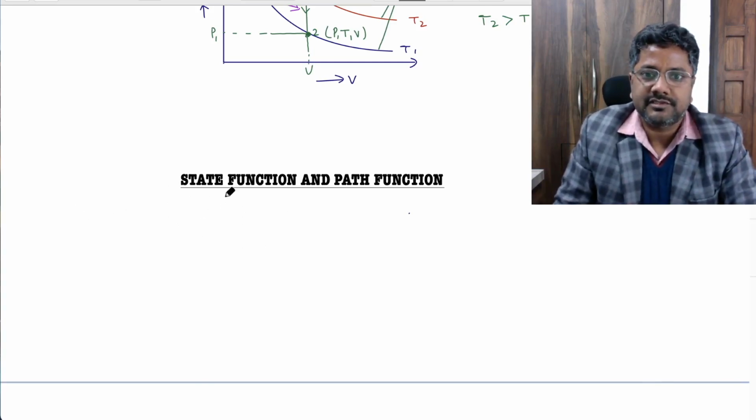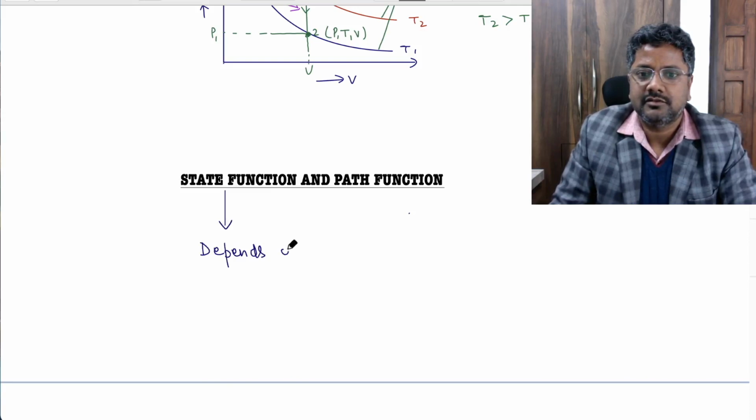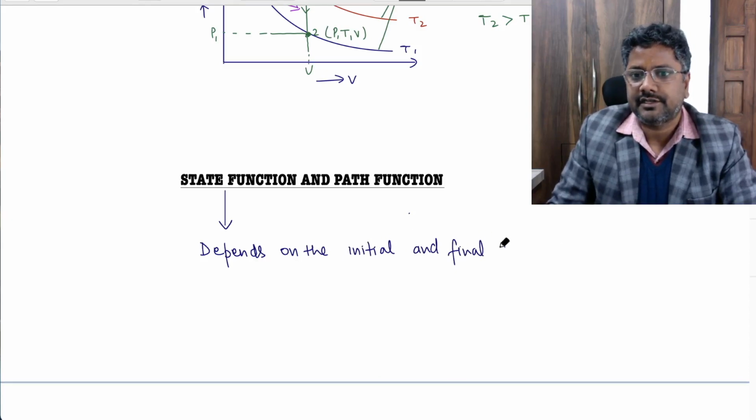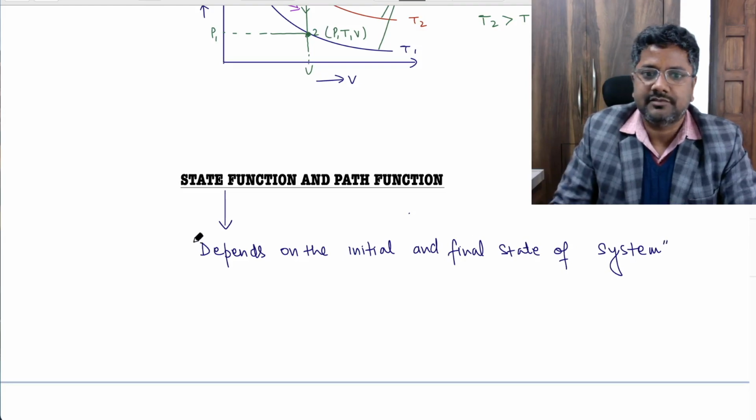So state functions depend on the initial and final state of system.